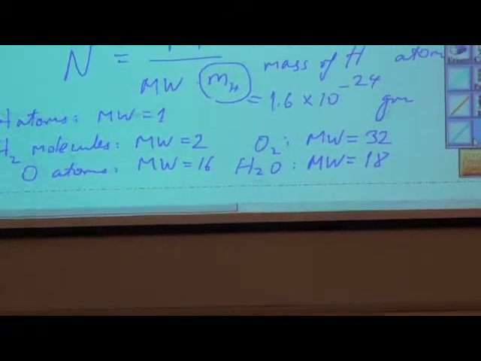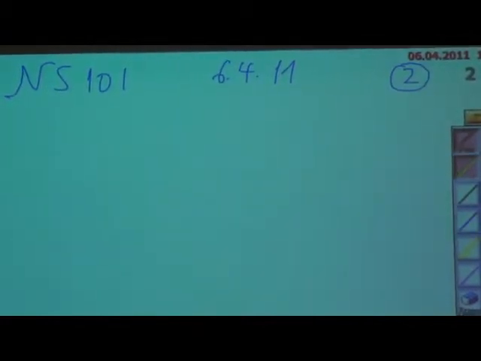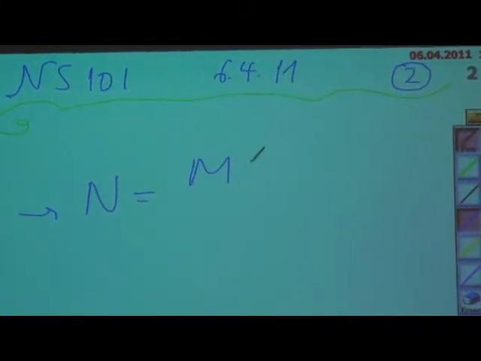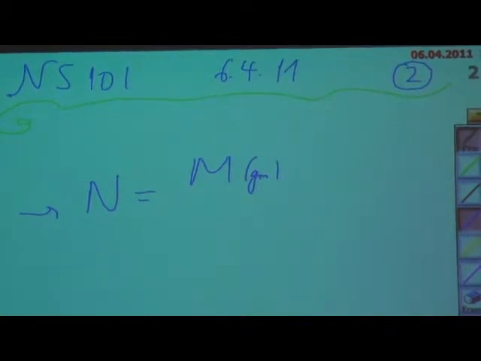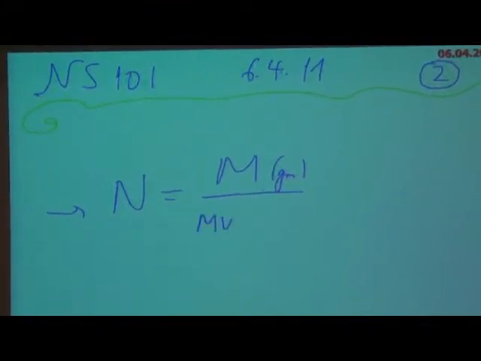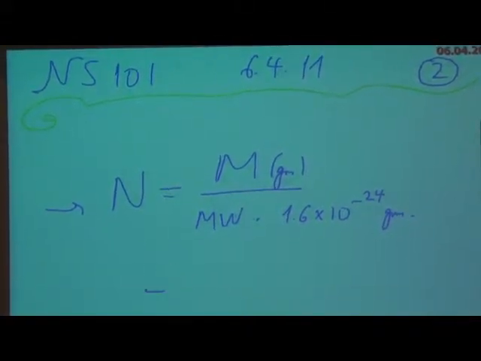So let's continue now with what that gives us. The number of particles in the gas is mass in grams divided by molecular weight times 1.6 times 10 to the minus 24 grams.